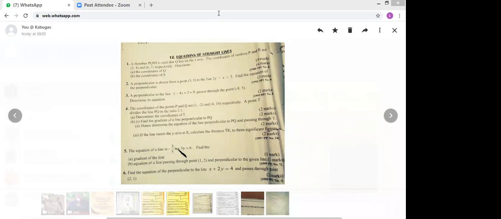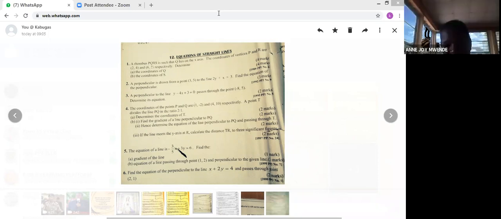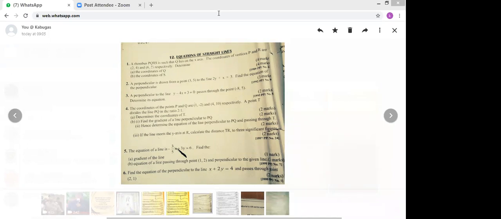Now let me try it. I get x over 27 plus y over 6.75 equals to 1. Yes, 27 over 4 is 6.75.